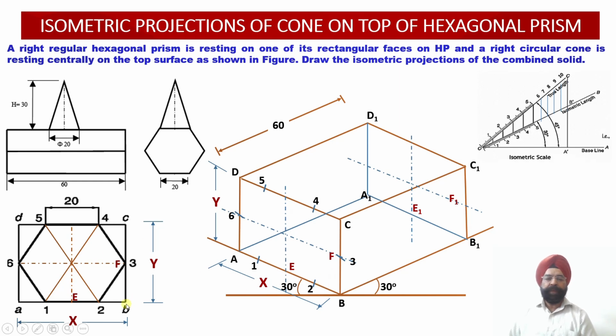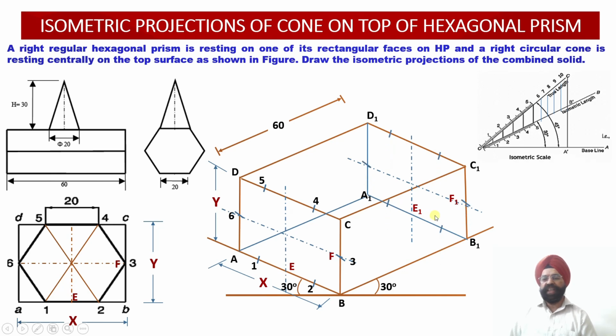Similarly, B to 3 distance and A to 6 distance. So both these distances, they are equal. So these distances, once again, we are going to mark over here. B to 3 and then A to 6. So all the 6 points of the hexagon, corners of the hexagon, they have been marked into the front face.